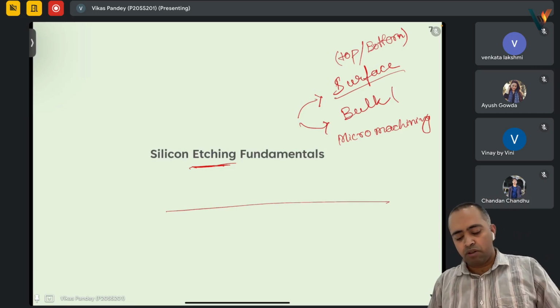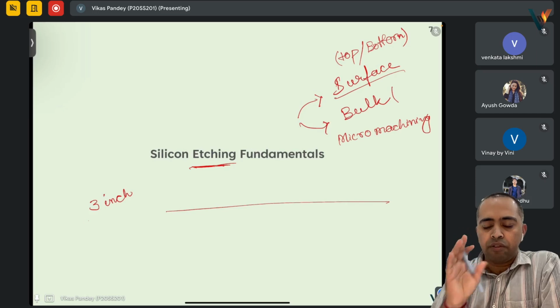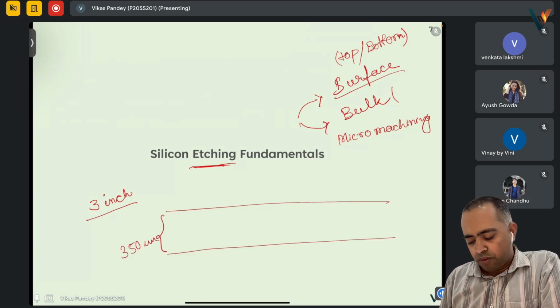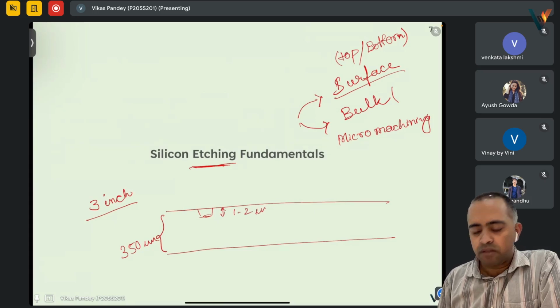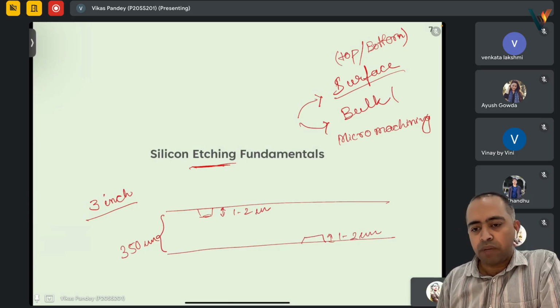Whereas in bulk, we are removing, like I told previously also, suppose that we have a 3-inch round silicon wafer. That will have a thickness of say 350 micrometers. If we are removing just 1 to 2 micrometers on the top or bottom, this we call surface micromachining.